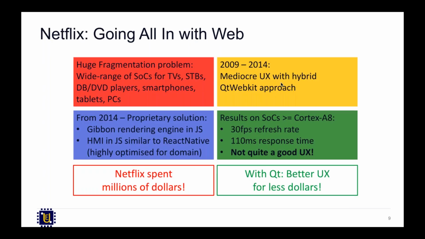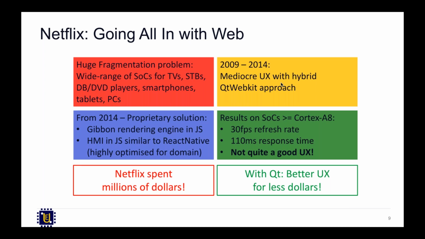The Netflix story is slightly different. So they are sticking it out with web. So they went all in with web and they stuck with web. And they have actually a very interesting problem. And I think Netflix is even the more interesting case than Facebook. They have a huge fragmentation.